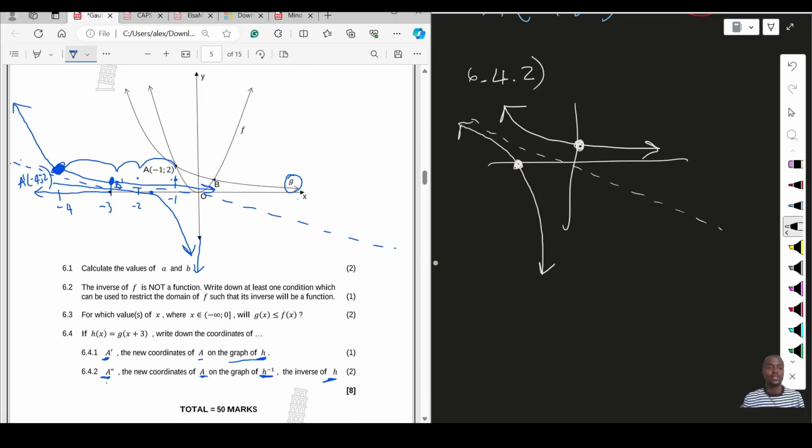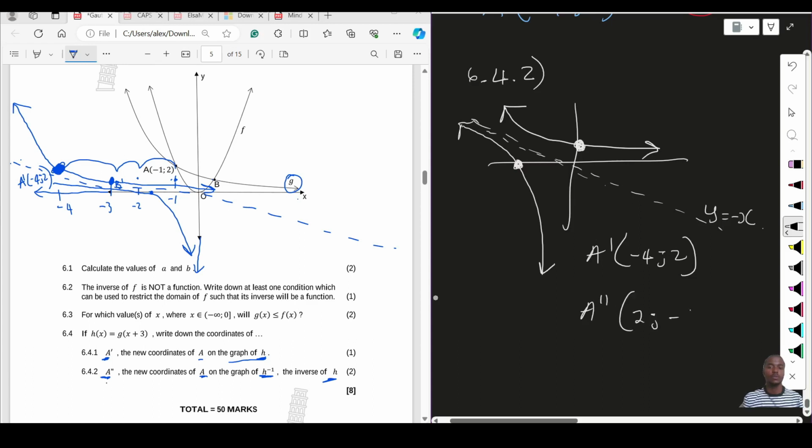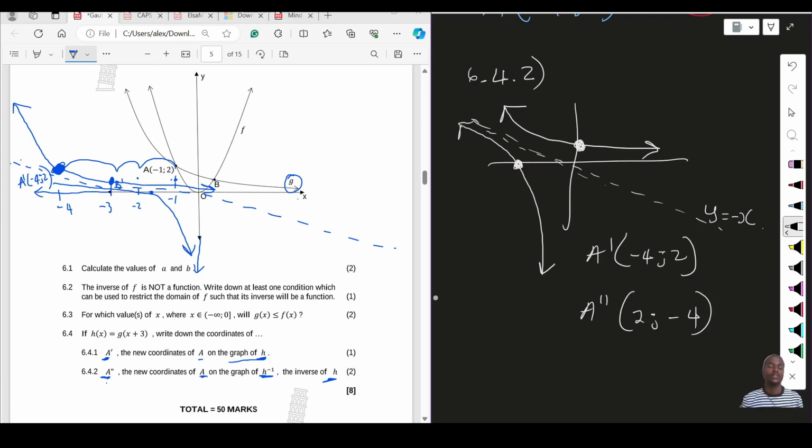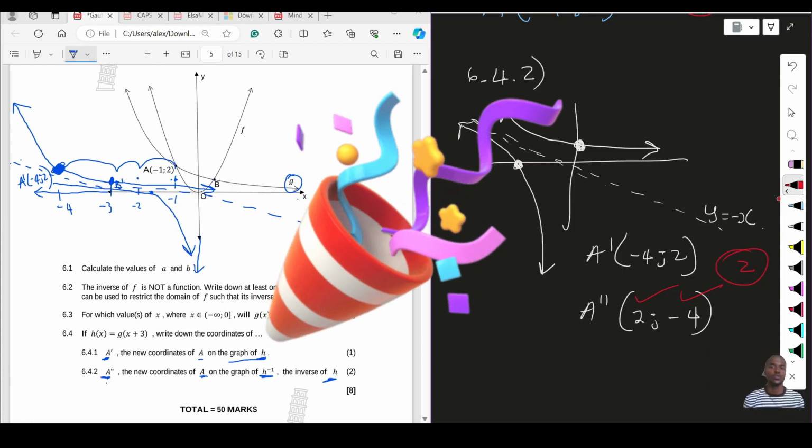So the advice I would say: if for A prime you have (-4; 2), then for it to reflect through y equals minus x, it will change to A double prime (2; -4). This is the answer. I don't want to go deep into the explanation of this because of time, but I think I'll make a separate video that explains why they change. So how do we mark this one? We get 2 marks for writing that. So this is your 2 marks.